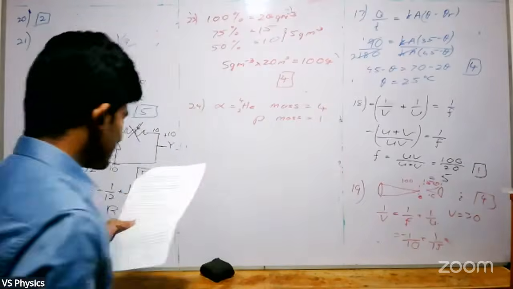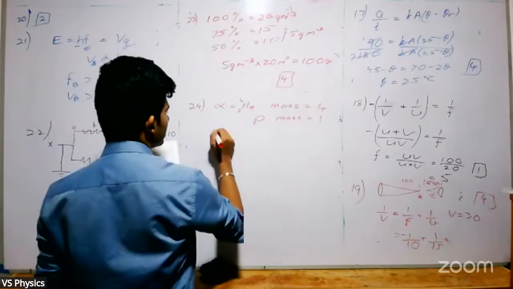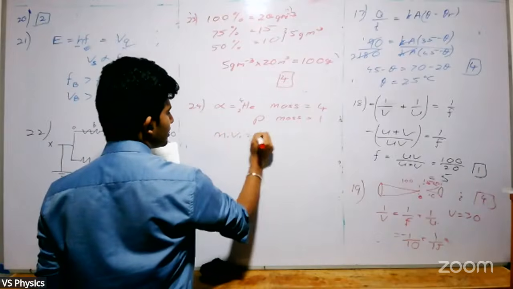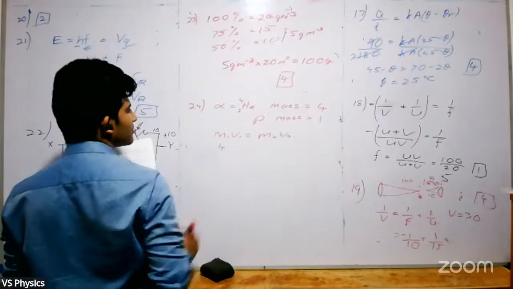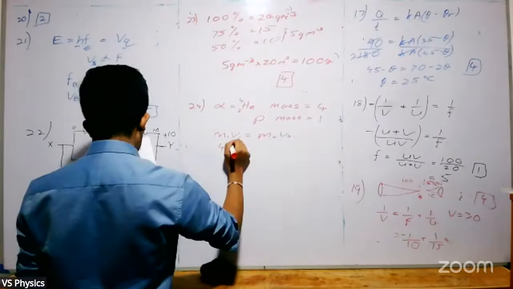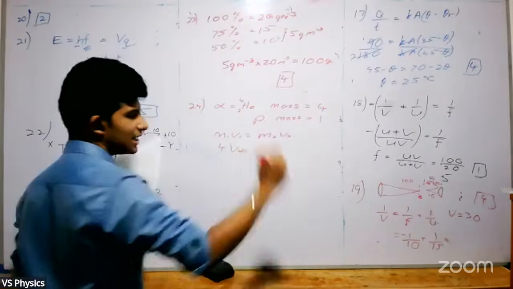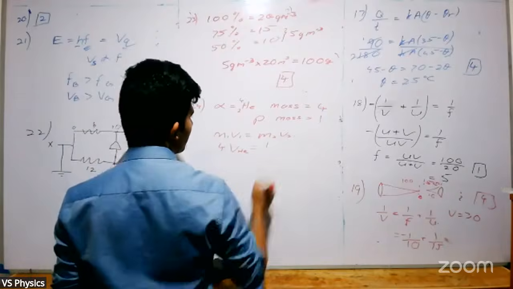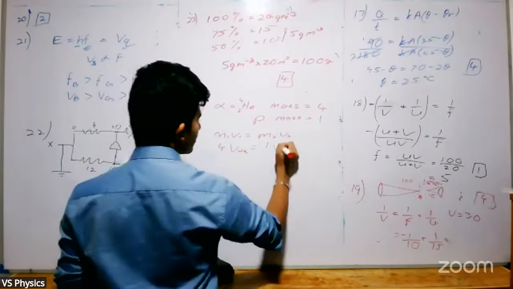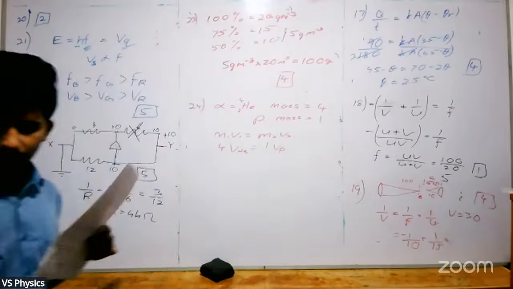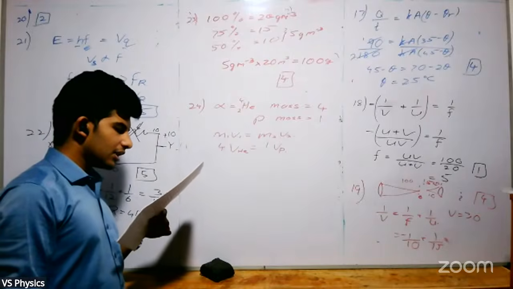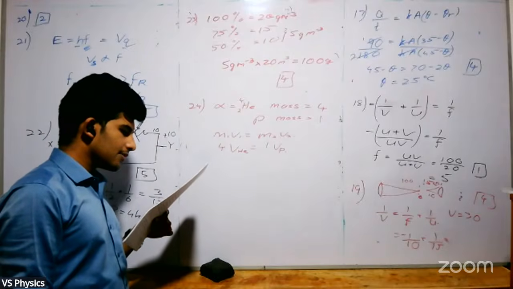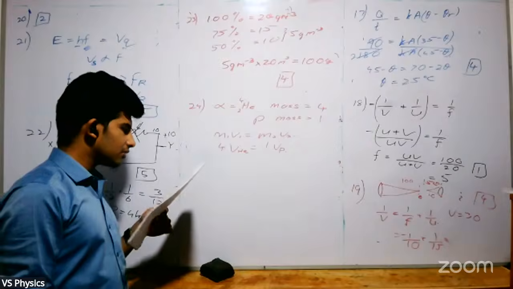First of all, there are equal magnitudes of momentum. M1 V1 equals M2 V2. Helium's mass is 4, with velocity V helium, and the mass of proton is 1, with velocity of proton. Thereafter they are talking about acceleration.